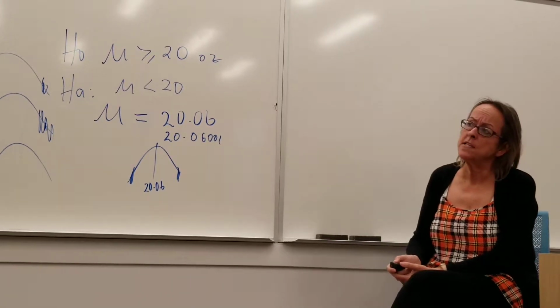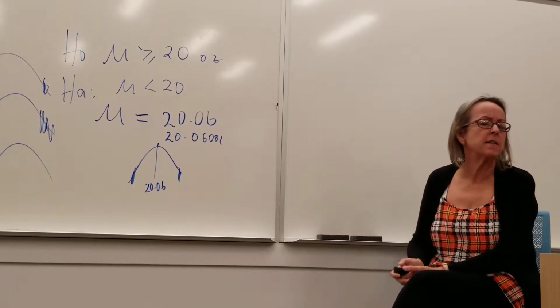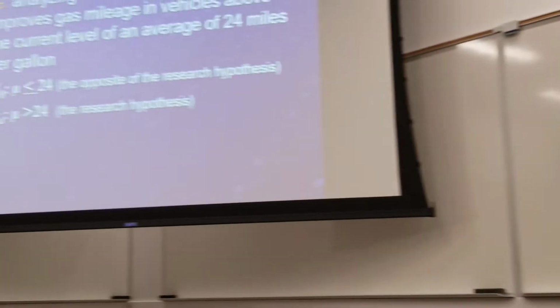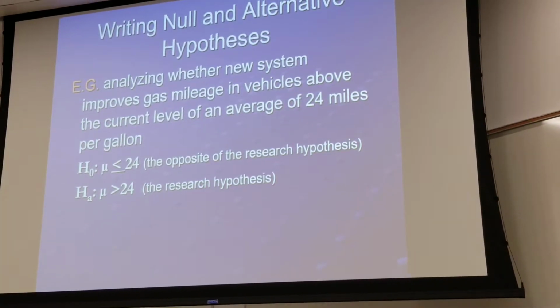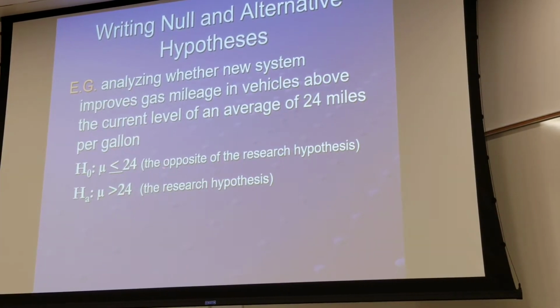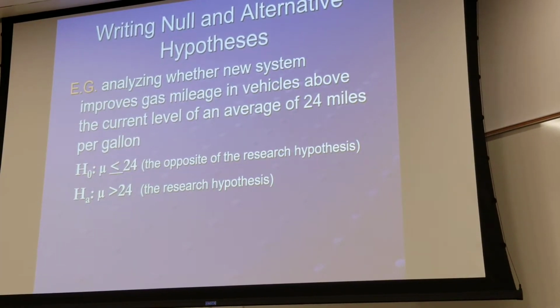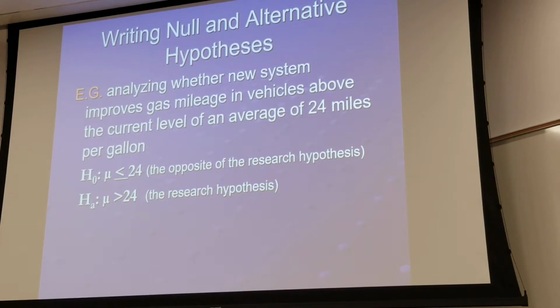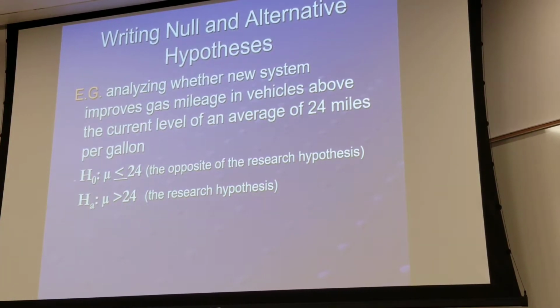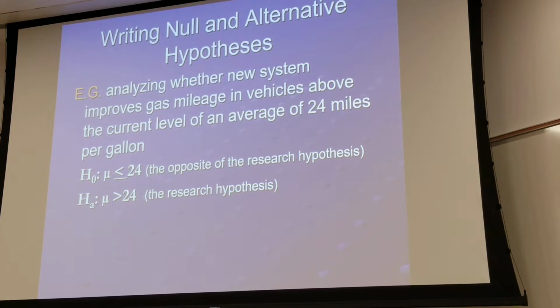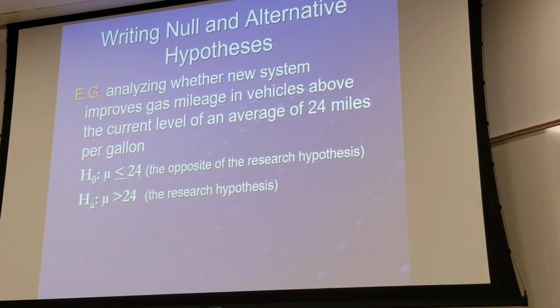So this is what we want to know. Is mu greater than 24? I can't test it. But I can test the opposite. I can test, is mu less than or equal to 24? So if this new system works, in my final step 7, which is my decision step, I would reject the null hypothesis.